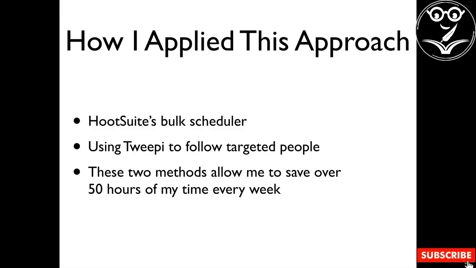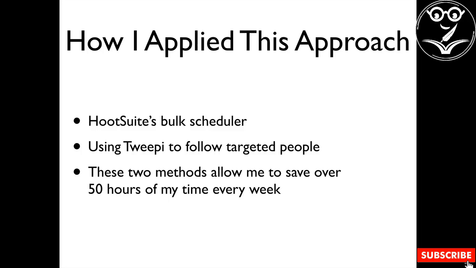And another thing I did is I constantly follow people using Twitter's search engine, but I've discovered a tool called Tweepy that allows me to follow targeted people, and it saves me an enormous amount of time. I mean, these two methods easily allow me to save over 2 days.